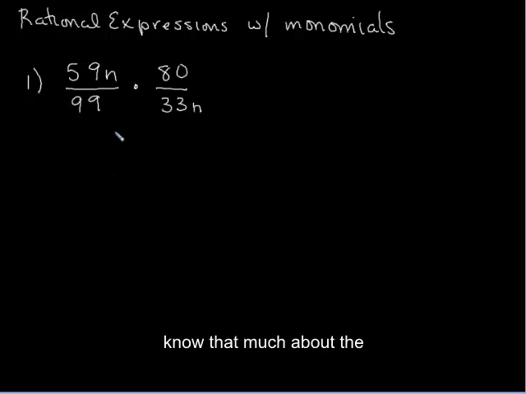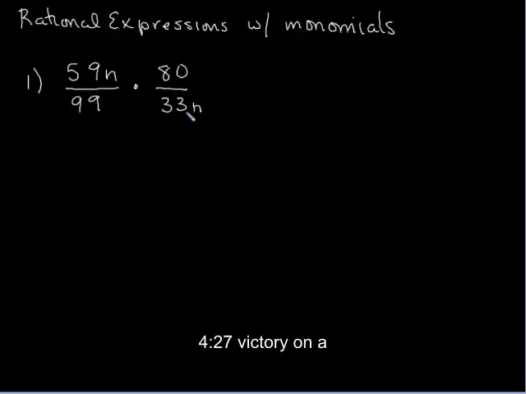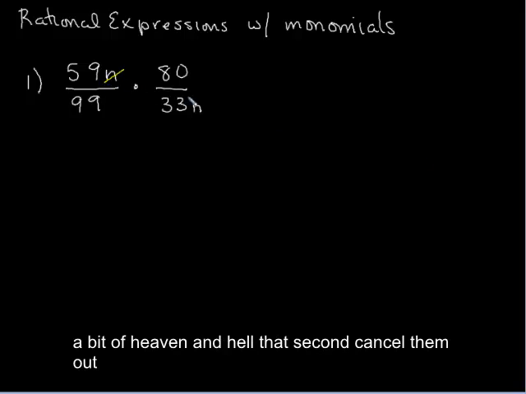This one's not actually that great. I'm going to look at the 59 and the 33 and say, okay, do they divide by anything in common? 33 divides by 3 and 11. 59 doesn't divide by either of those. So they have nothing in common. But they both have an n in common, so I can cancel that out.